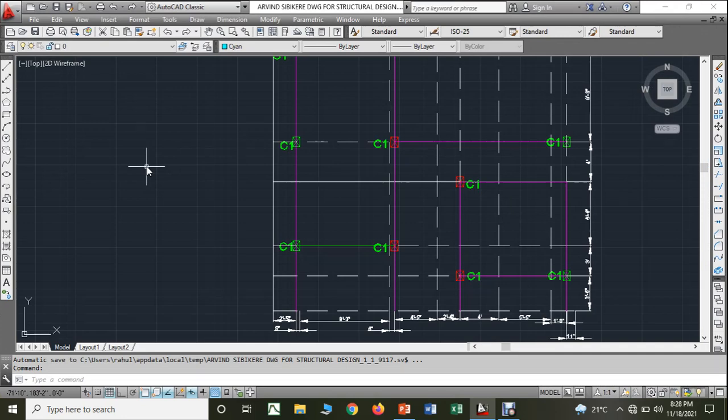Now, once the column loadings are decided, our next step, as I already told, is to decide the shape of the column.